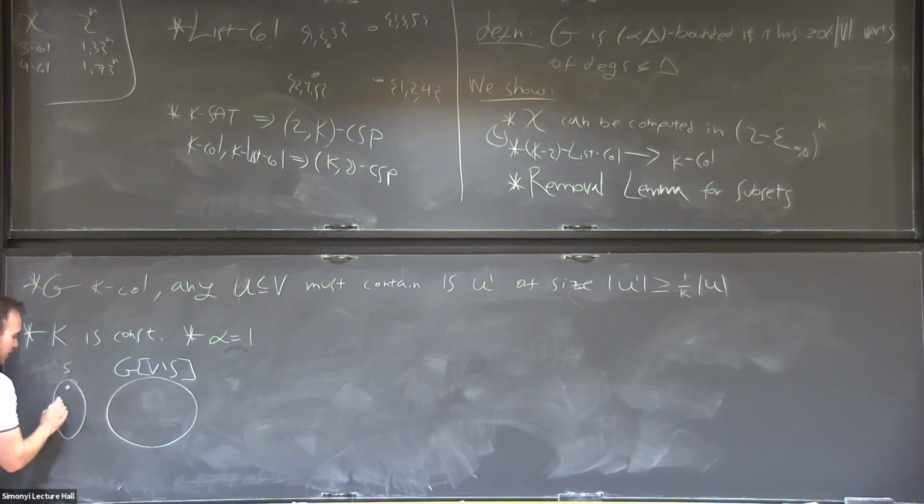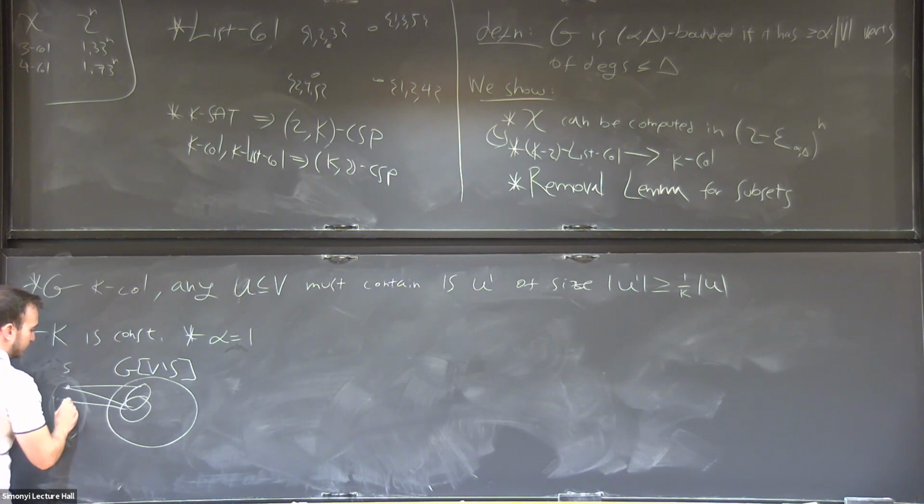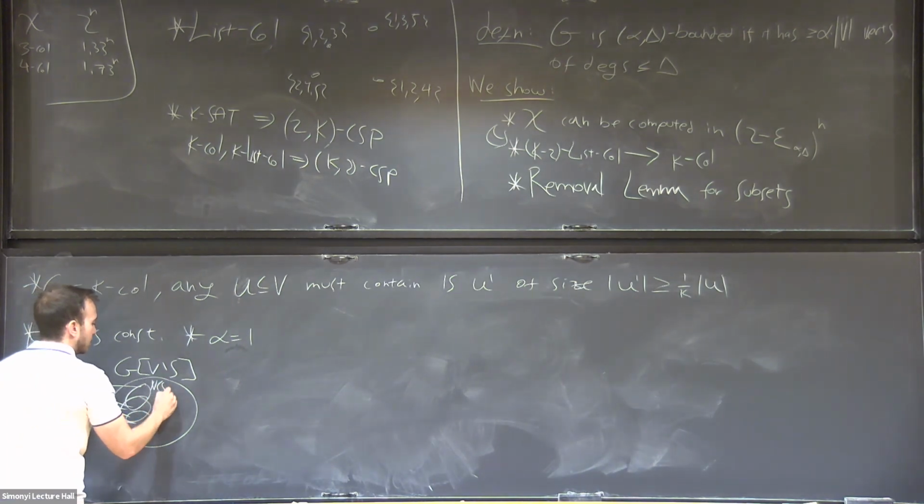Each vertex in this independent set is obviously not connected to the others. It's just a bunch of unconnected vertices, but each of them has some neighborhood in my graph. In this case, it will be of size delta at most. So these are the neighborhoods of the vertices.